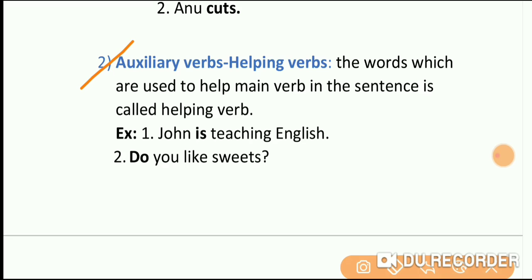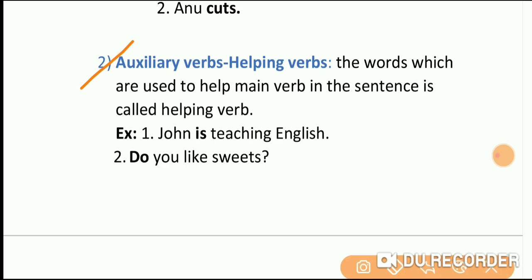And in action verbs there are two kinds. First one is transitive, another one is intransitive. Transitive means the verb which takes subject and object both. Intransitive means the verb which takes only subject and completes its action there itself.